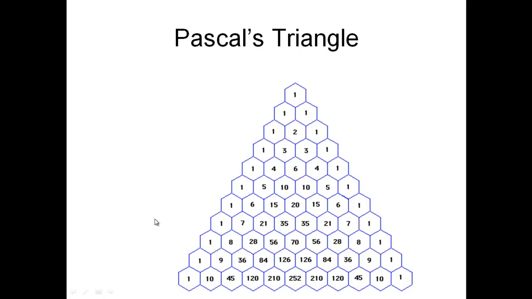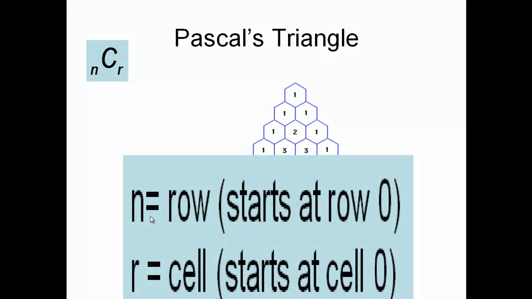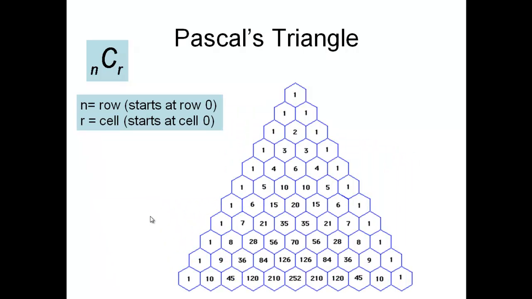But believe it or not, Pascal's triangle has a lot of different applications, and one in particular goes with our combination stuff that we did yesterday. So this idea of n choose r that we talked about yesterday, the n combination r, we can actually find these values on Pascal's triangle very easily. What we need to keep in mind is that n, in this case, is the row.